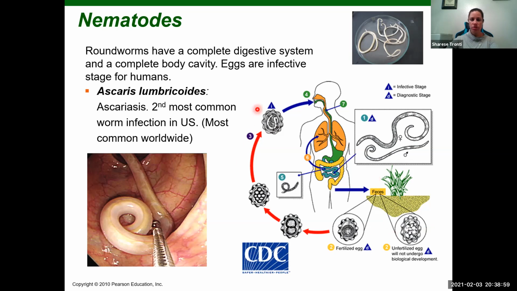The humans are going to ingest the eggs. They're going to hatch into larvae. Those larvae are then going to migrate into the lungs. So instead of moving into a different species, they're instead going to just move to a different area of the human. So the larvae migrates to the lungs, then they're coughed up and then re-ingested.